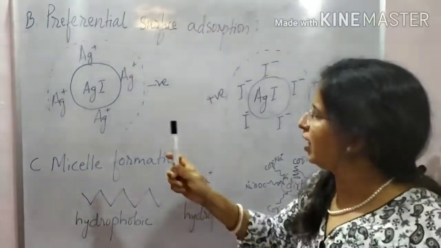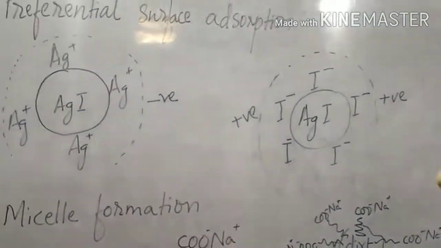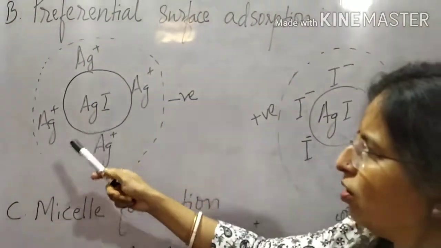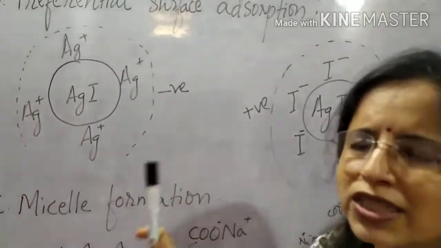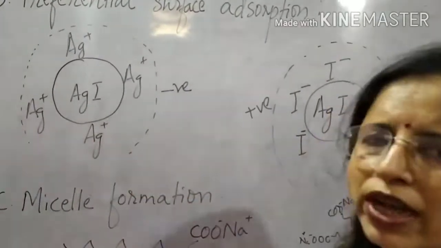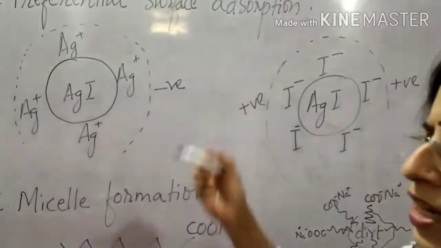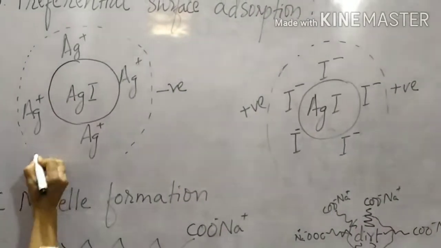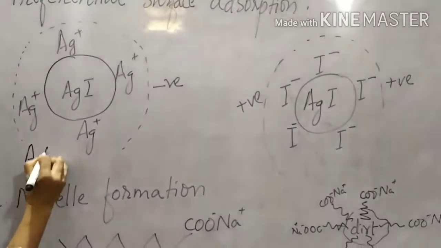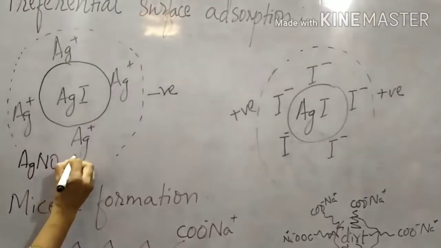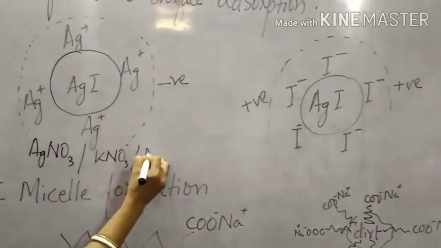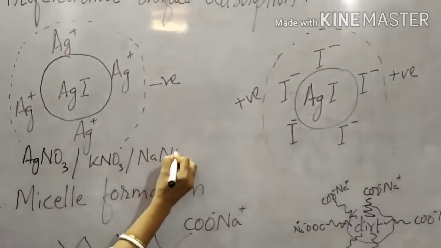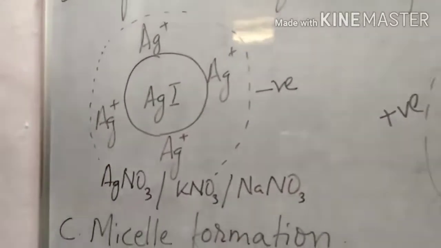See, I have tried to illustrate with a simple example. Now suppose I take a colloidal system of silver iodide, and it is immersed in an electrolyte solution. Suppose the electrolyte solution has silver nitrate, potassium nitrate, sodium nitrate and many more electrolytes.